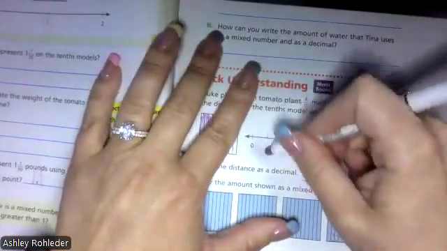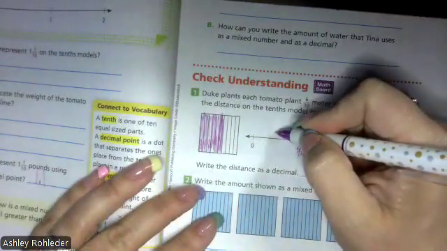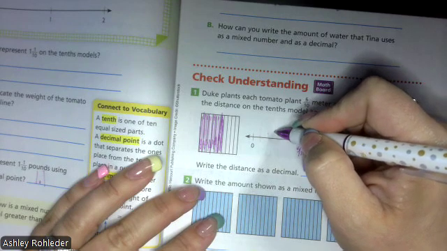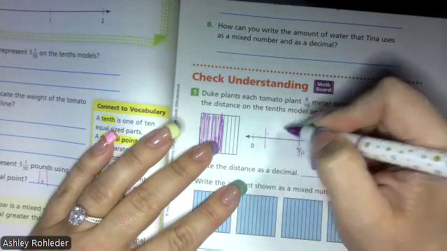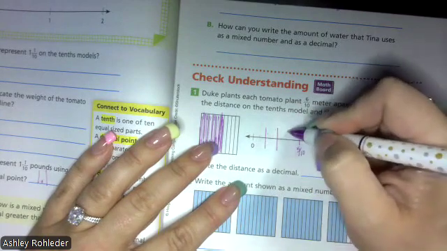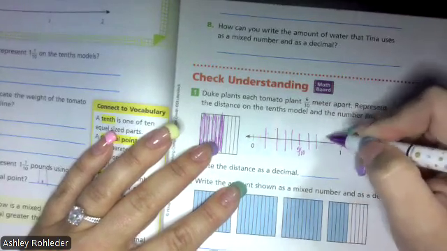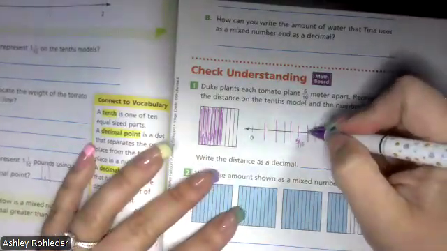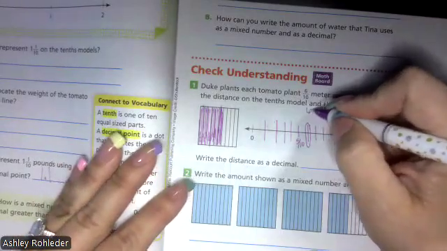Something like that, right? So where would 6/10 be here? 6/10, right?